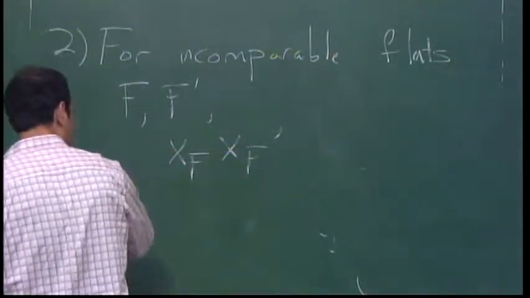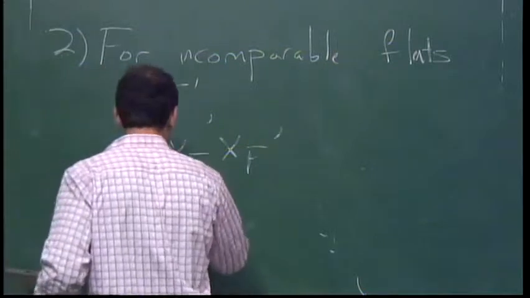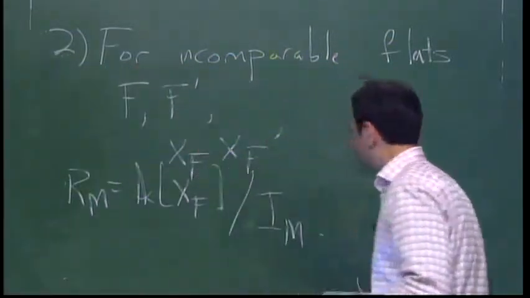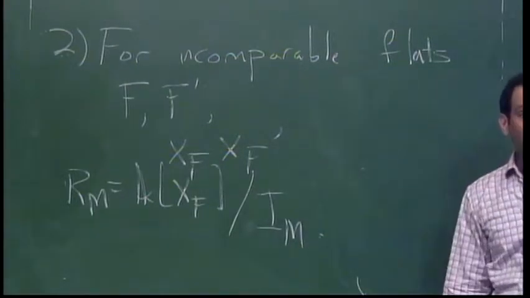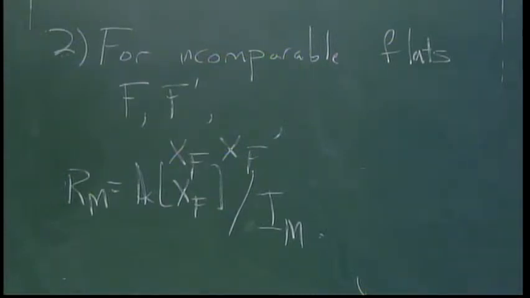And then I'm going to let my Stanley-Reisnerish ring be the quotient of the polynomial ring generated by the x sub f's by the ideal I. So if we just had relation 2, then we're taking this Stanley-Reisner ring of the order complex of the lattice of flats of the matroid.